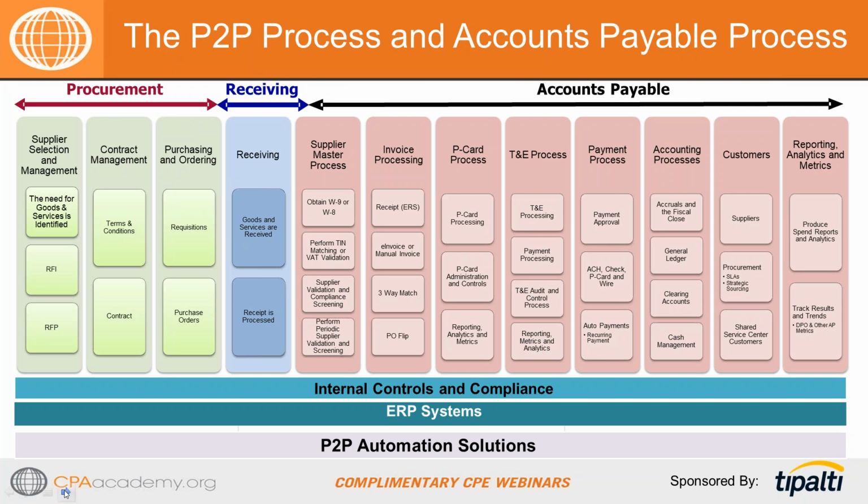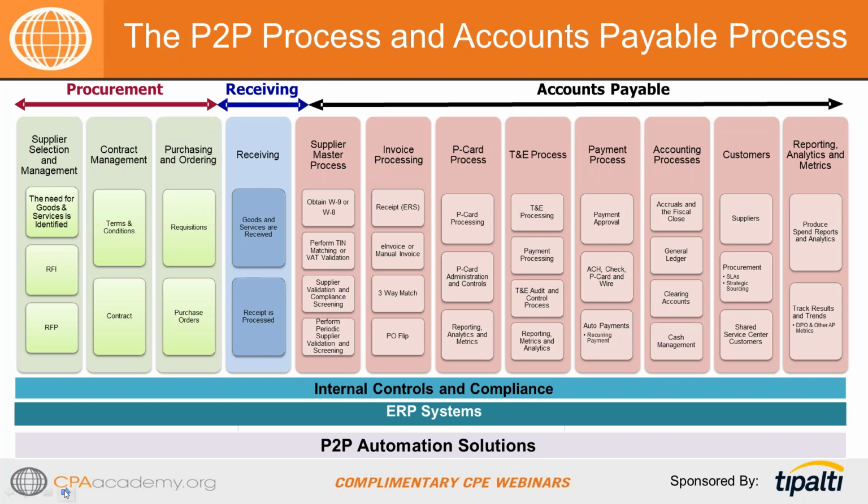Of course, in a manufacturing environment, that's going to be a separate department. And in an admin environment, the receipts are going to be processed by the business process owner in a lot of cases.